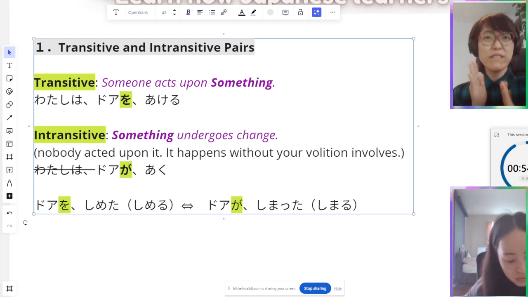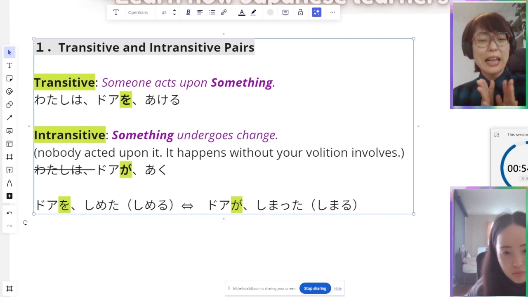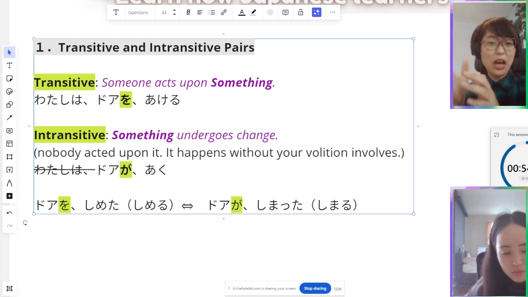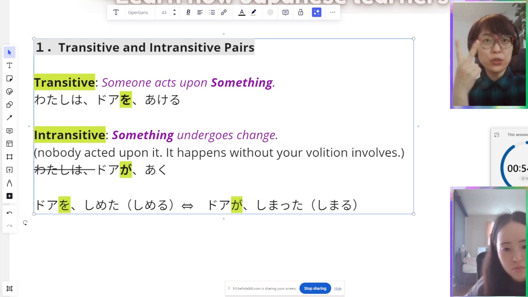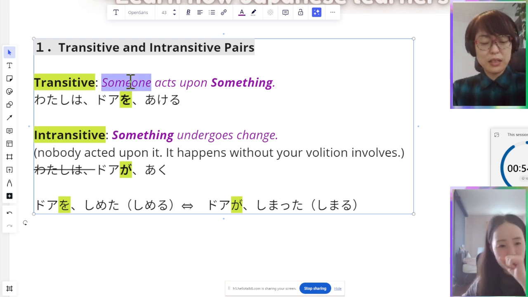Technically, if you're going to use a transitive verb, the sentence you want to make should have a subject, someone, who acts upon something. So, 私はドアを開ける. Someone is 私, and the something acted upon is the door. So two elements are always involved. That's key.